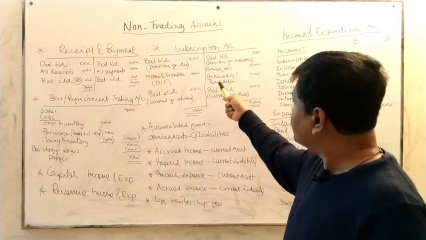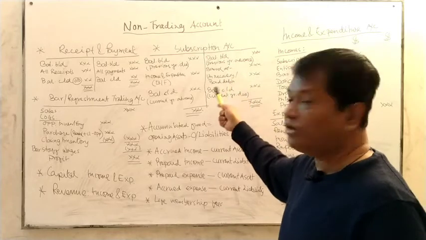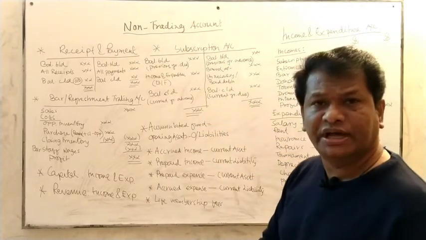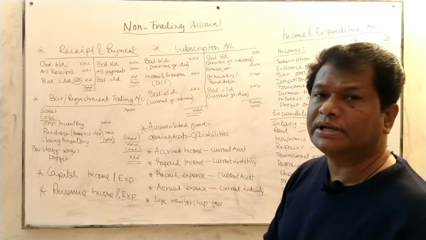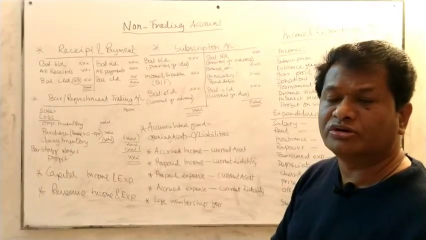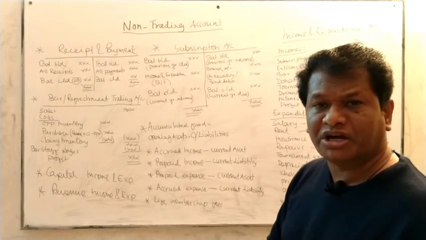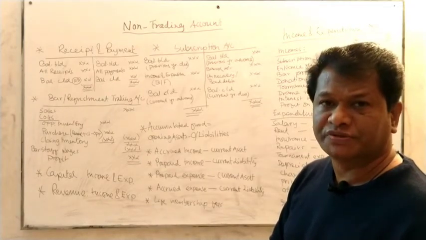Then there are other items in the subscription account: unrecovered amounts or bad debt. Bad debt is not an appropriate term for a non-trading concern; in a trading concern we can write bad debt. Bad debt means some members are unable to pay the subscription.